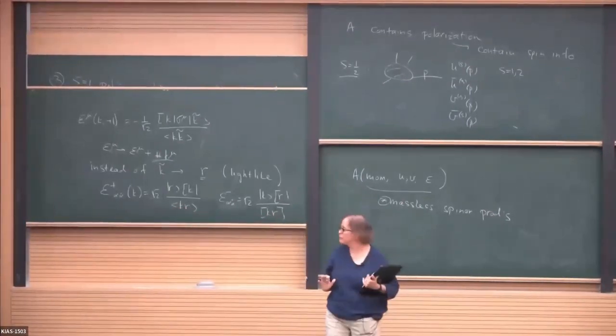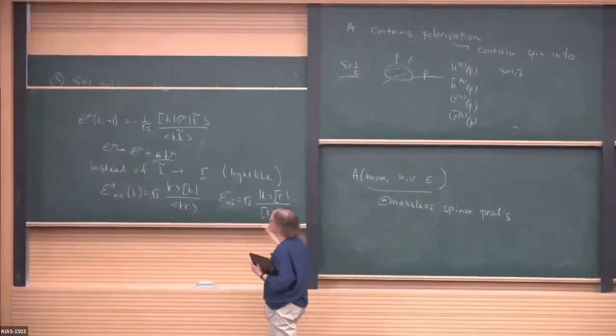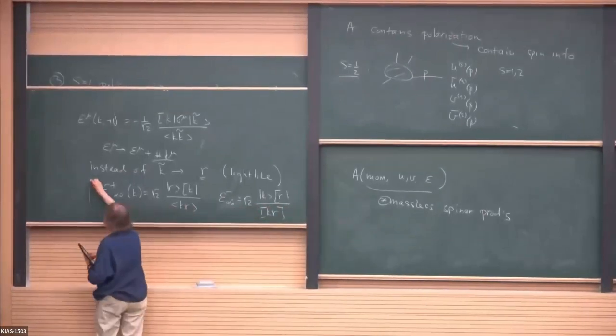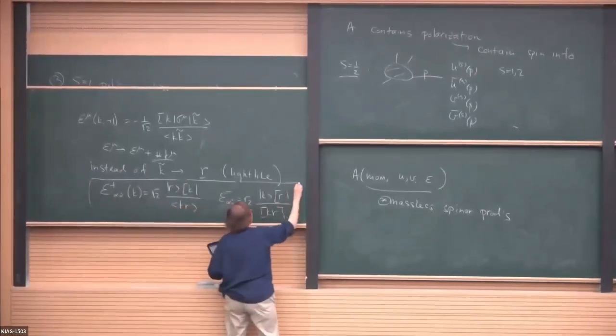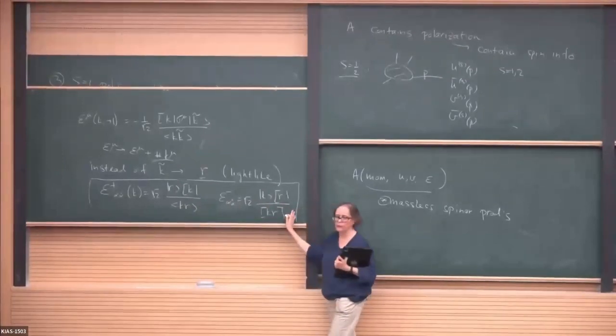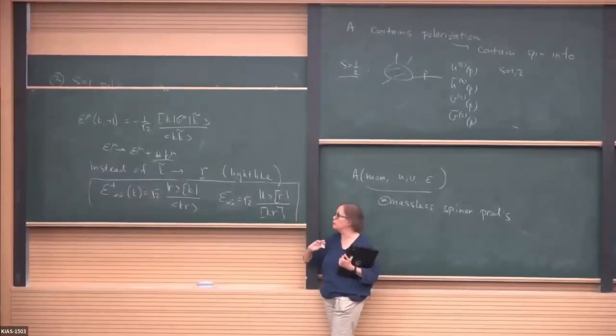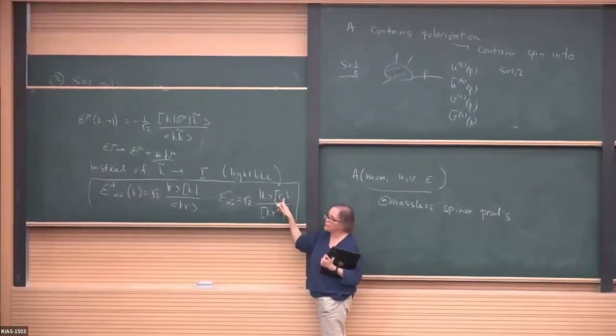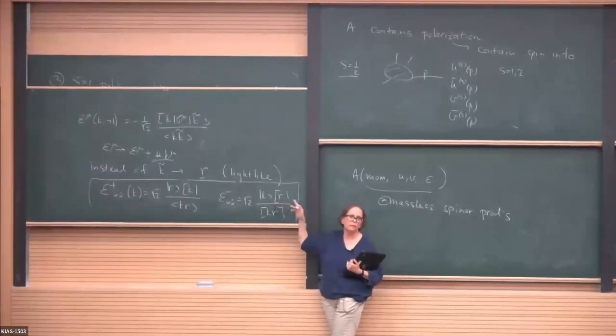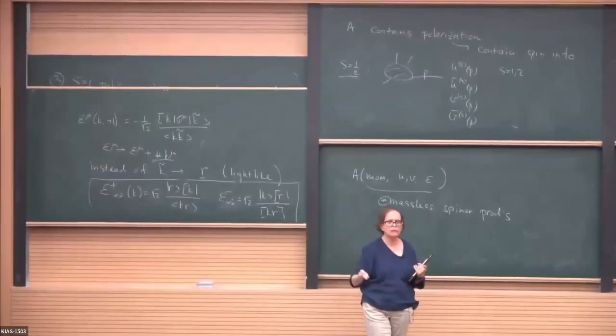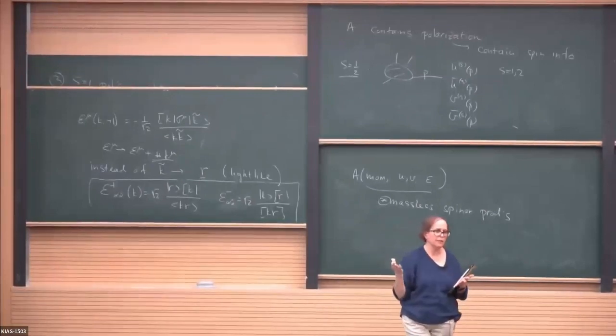So now we have nice expressions for the polarization vectors. We wrote them in terms of two-component spinors, these massless two-component spinors. They depend on an arbitrary vector r, but that shouldn't be too surprising because we have the gauge freedom in the game, right?